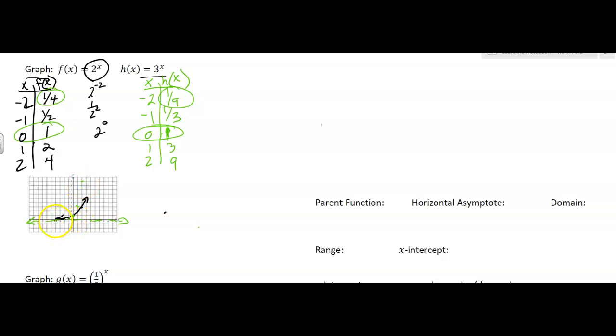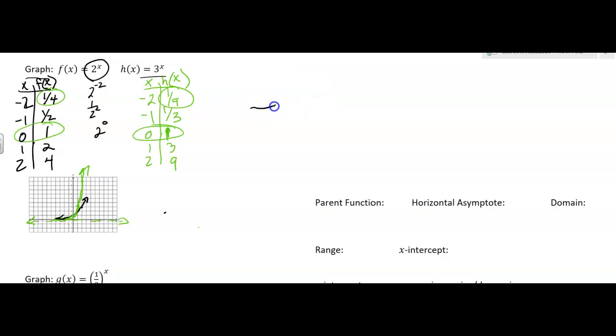So what happens is I get this curve like this. Okay, let me draw it better. So you have a curve that's going up a little quicker than that. Let me erase it.